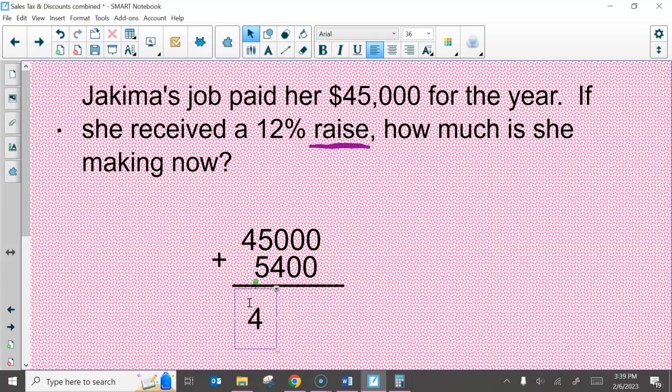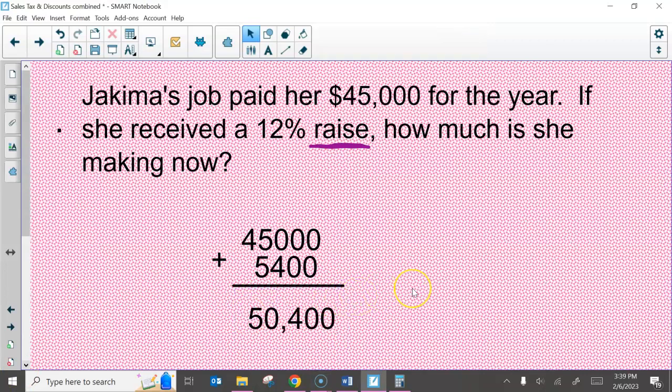So our total here is going to be $50,400. That's how much she is making. Remember, she received a raise, more money, so that told us we were going to add.